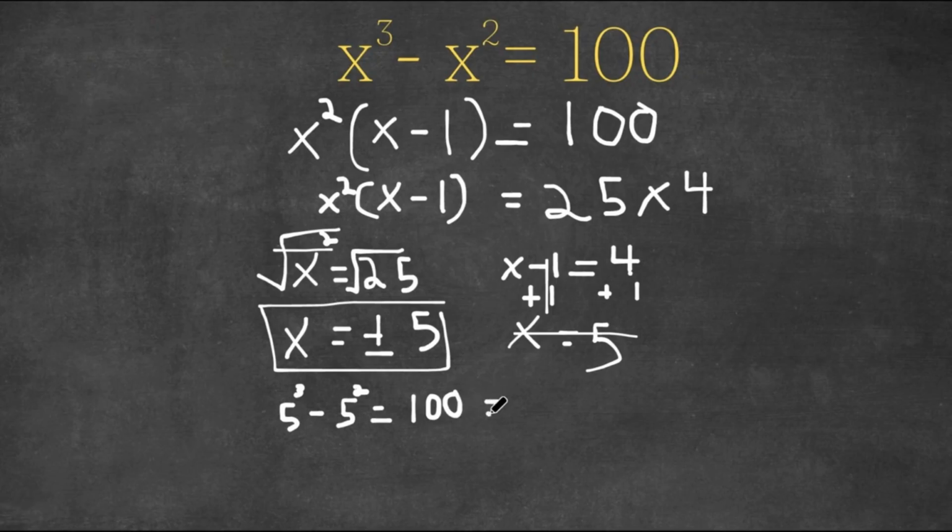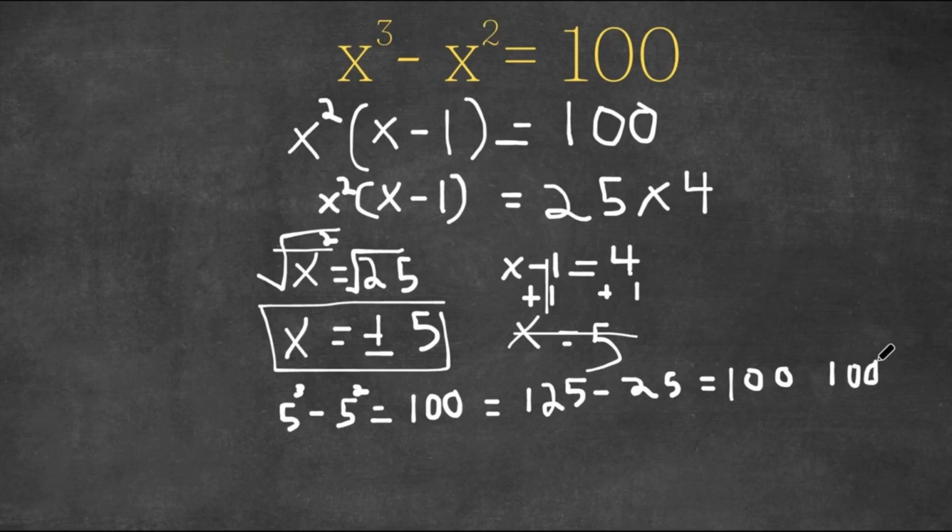Now, this would equal 5 to the power of 3, which is 125, minus 5 squared, which is 25, and 125 minus 25 is 100. So 100 equals 100, and this is right, so 5 is a solution.